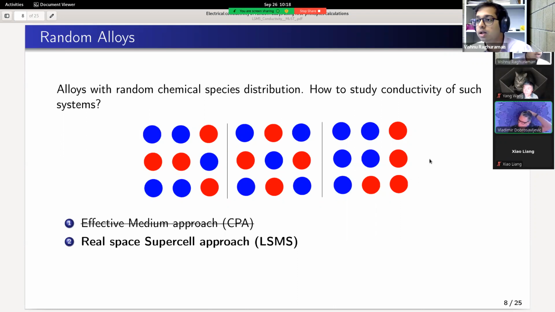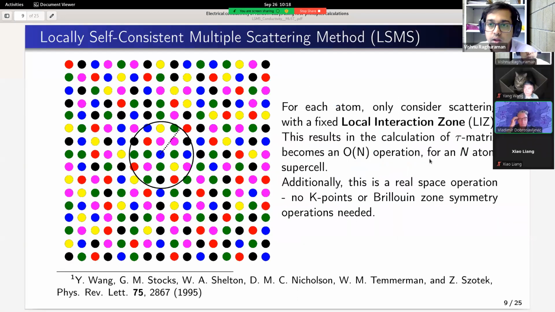Something that's less done is trying to calculate random alloys using a supercell with LSMS. Instead of taking an effective medium, you can take a really large cell and then apply the Kubo-Greenwood equation there. So the method would be to use the locally self-consistent multiple scattering method, or LSMS.